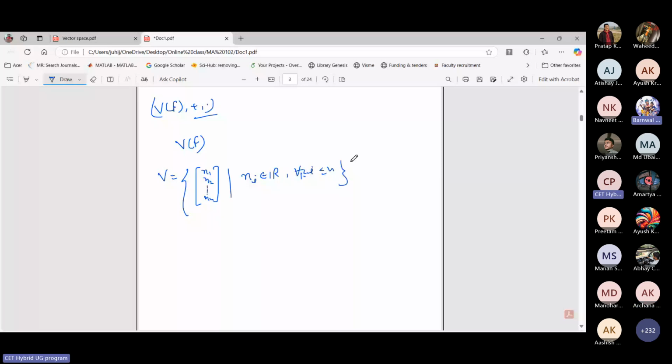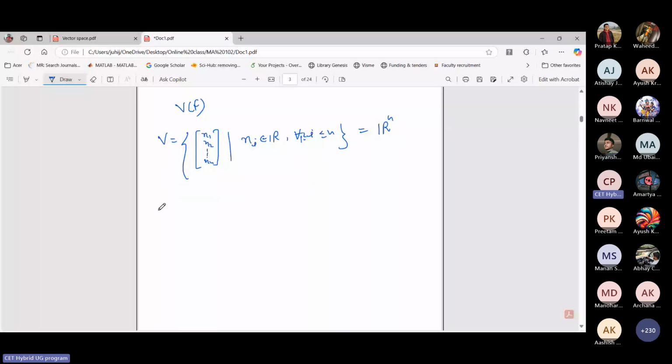Can I denote this set also as Rn? If I denote it as Rn, anybody have any issue? Okay. For right now, we will not take it as Rn. And the field F we have taken is the set of real numbers.